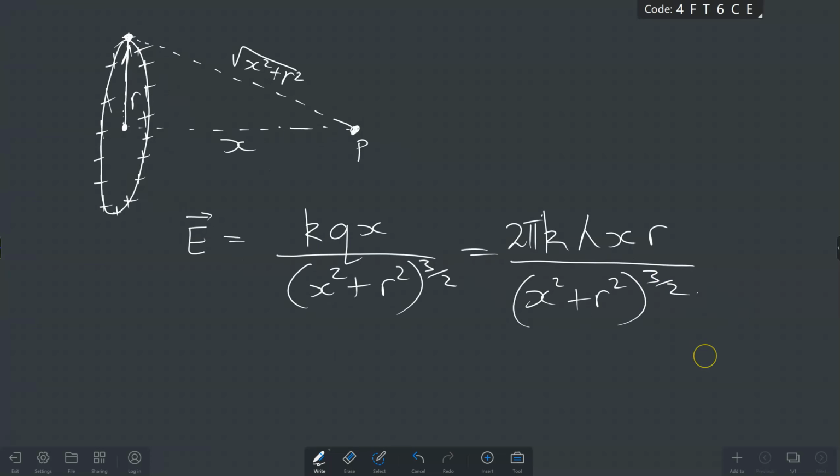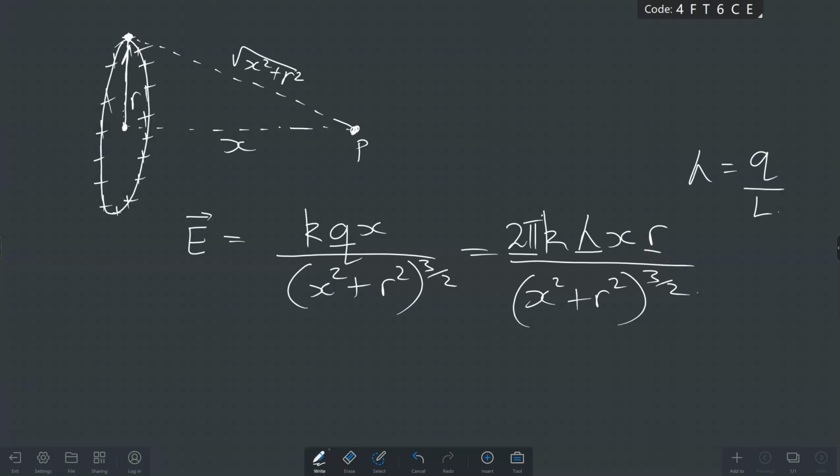Remember what lambda is. Lambda is the linear charge density, given by lambda equals Q over L. In this case, our L was 2 pi r because we're talking about a ring of radius r. So Q was lambda times L, and here we replaced that Q with lambda times 2 pi r.